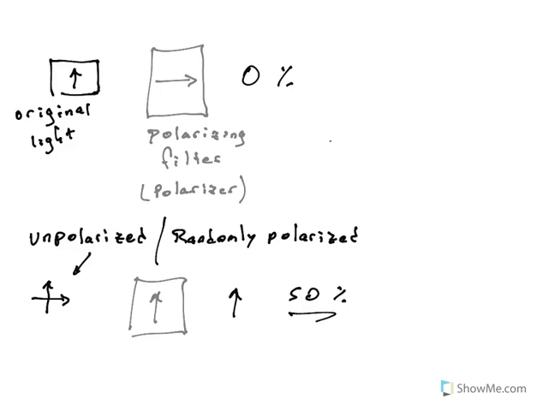So if you think about it, the reason they have polarized sunglasses is for this exact thing. Polarized sunglasses don't just have tinted glass. They don't just make the glass itself dark. They have a polarizing filter built into them, and that polarizing filter blocks out half the sun's light. And so it's a perfect way of reducing the brightness without trying to look through a dark piece of glass or something.